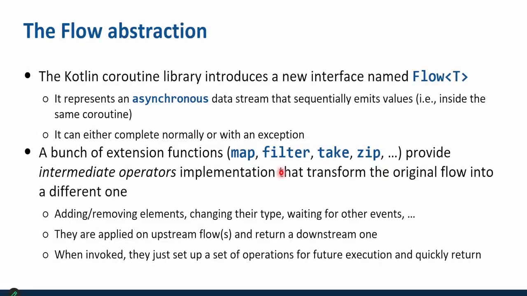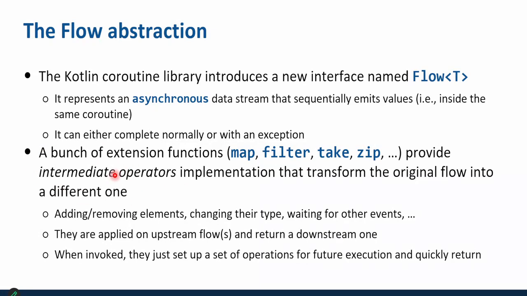As we have seen for collections, there is the same set of methods that you will be able to operate on sequences, but in the fashion of flows, these will be considered intermediate operators.